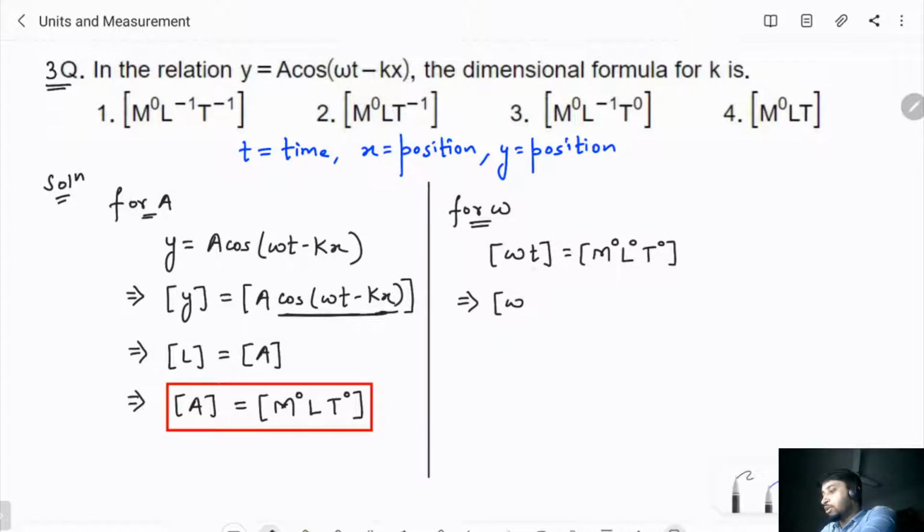The dimension of t is known, omega is unknown.